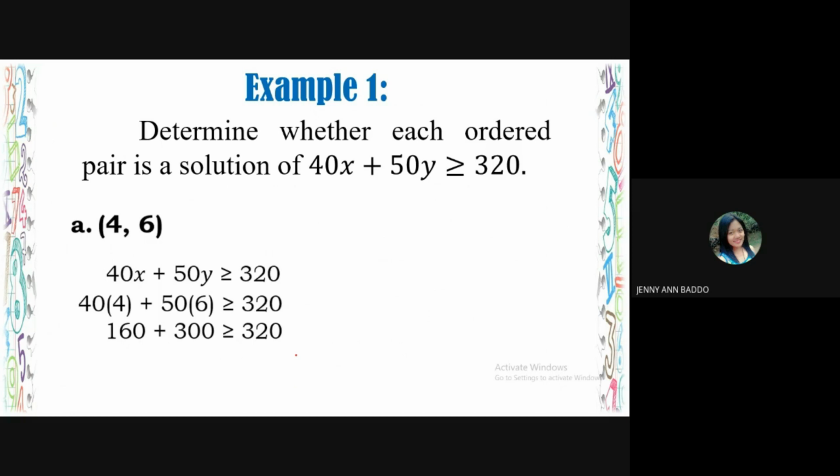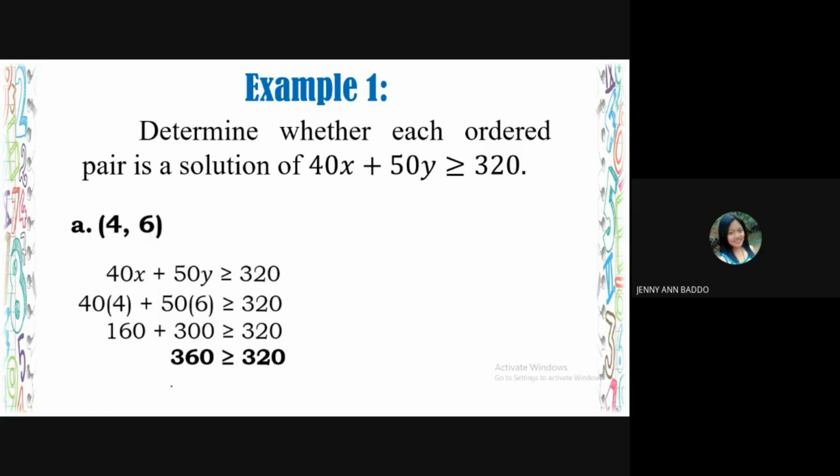Simplifying further, 160 plus 300 is 460. And bring down 320. So we have 460 is greater than or equal to 320. Now let us determine if that statement is true or false. To determine if the statement is true or false, the point of the inequality symbol should be to the lesser number.